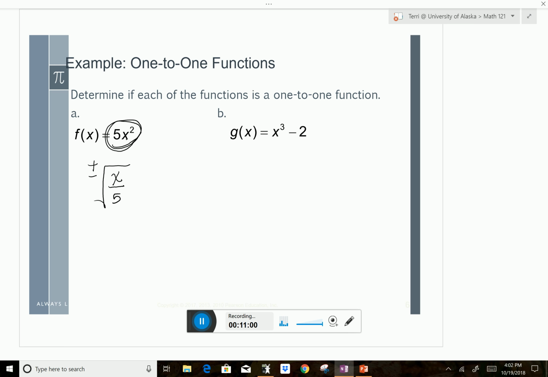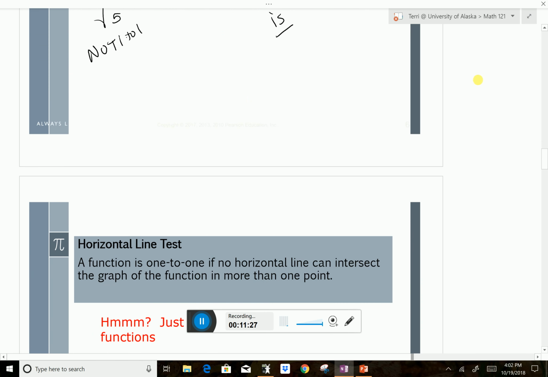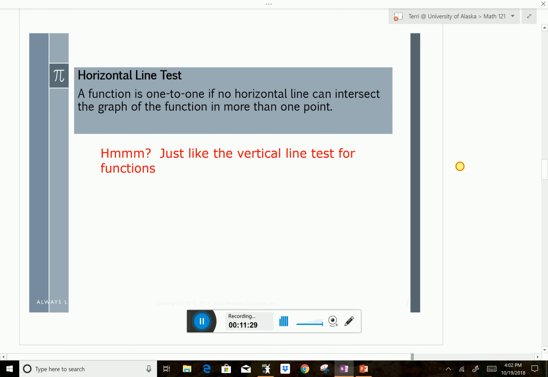This one cubes a number and then subtracts 2, sorry. So the opposite will add 2 and then take the cube root. There's no or situation here. There is an or situation here. So this one is not one-to-one. This one is one-to-one.